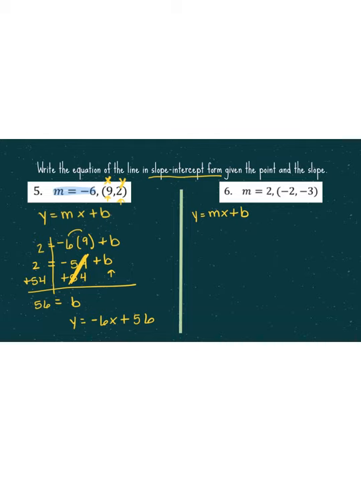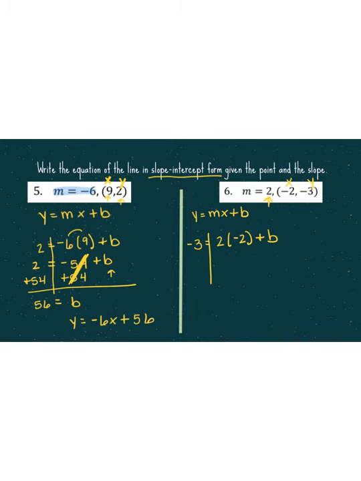Okay, so let's plug in what we know. Remember that your first set of coordinates is your x. Your second one is your y. Okay, so I'm going to say my y is negative 3 equals, my m is my slope, so I'm going to say 2, parenthesis, my x is a negative 2, plus, we don't know b yet, so we're just sticking b in there.